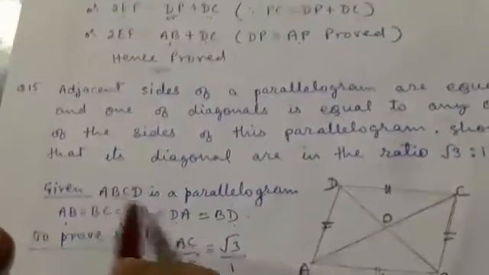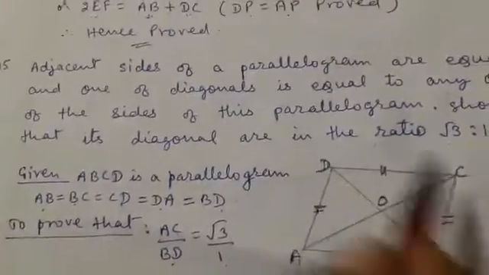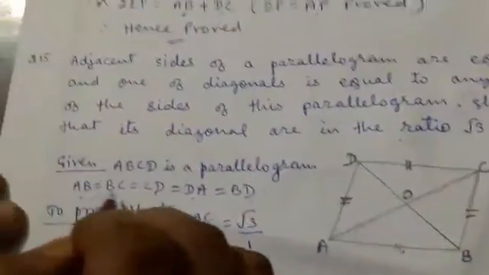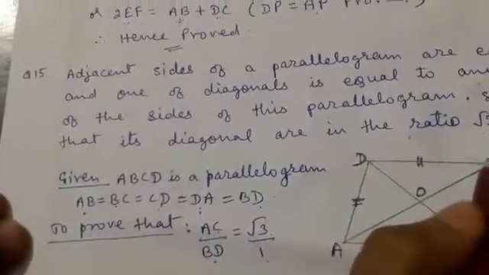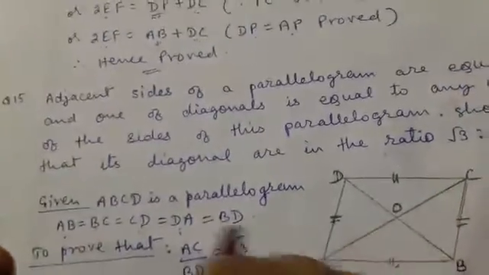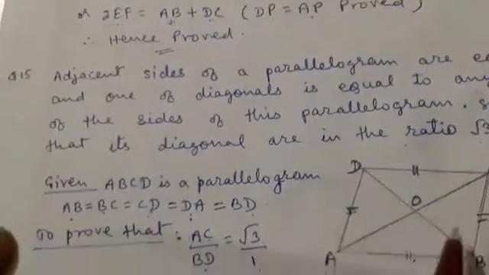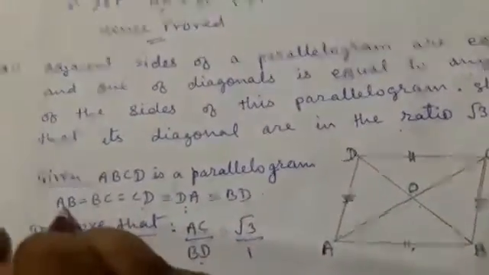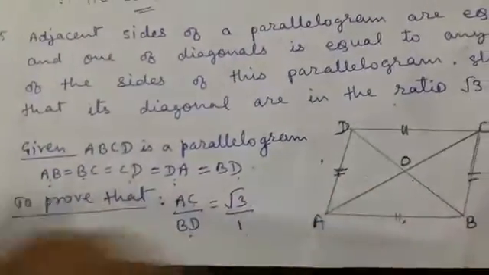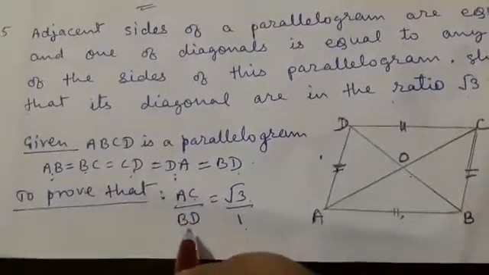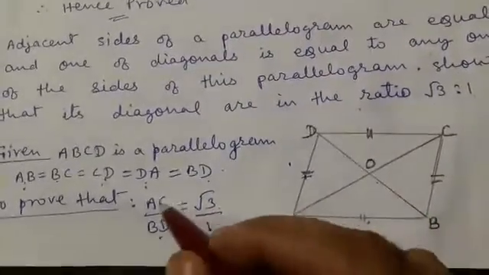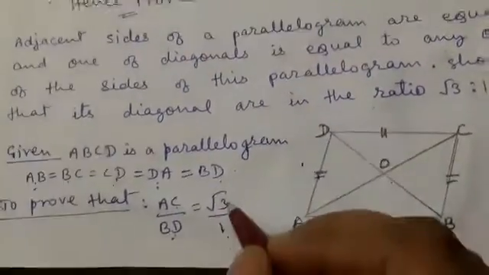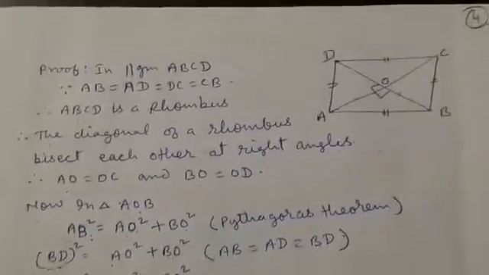ABCD is a parallelogram, and its adjacent sides are equal, means AB is equal to BC is equal to CD is equal to DA, and one of the diagonals is equal to one of the sides, means let BD be equal to any one side. To prove that AC upon BD is equal to √3/1. Let us prove this.